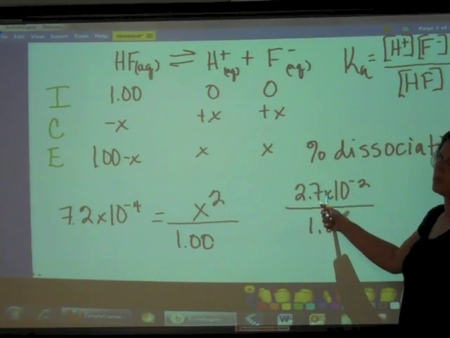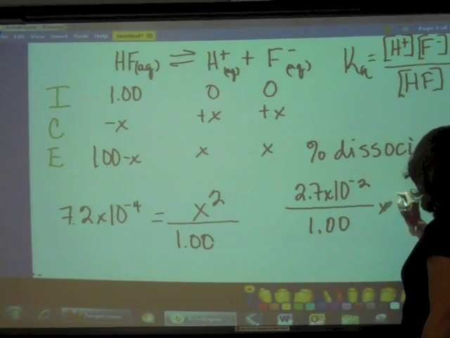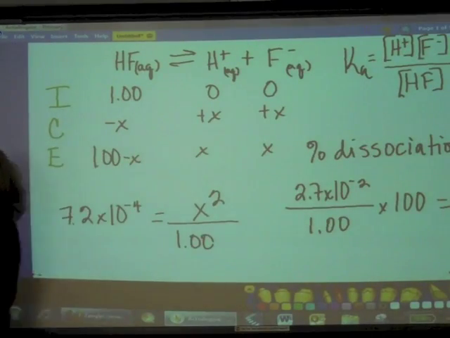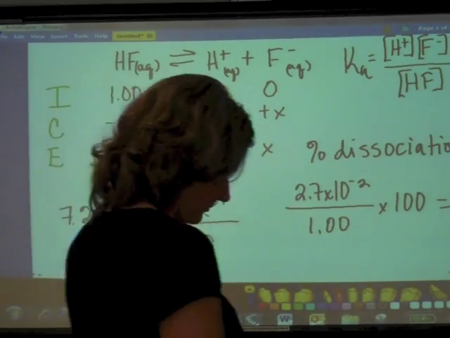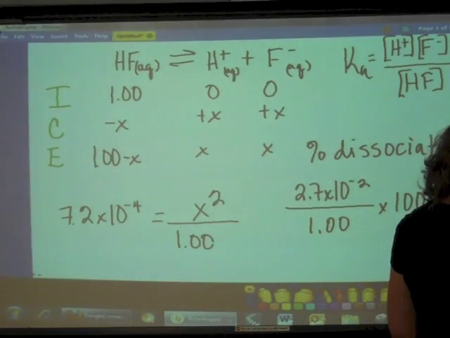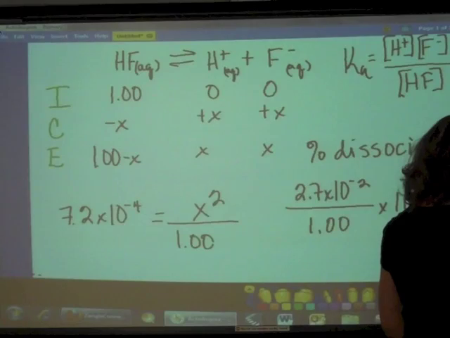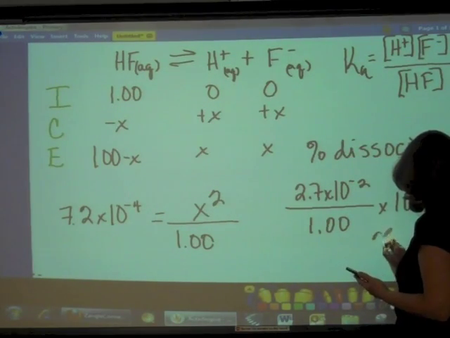The part dissociated divided by the whole times 100. That gives 2.7.